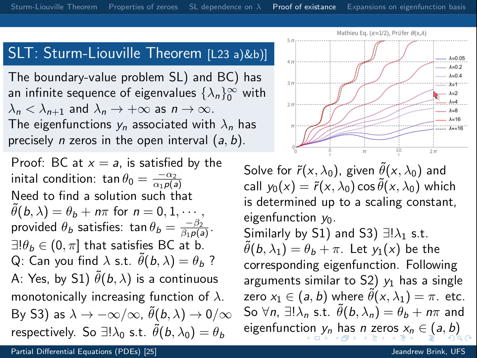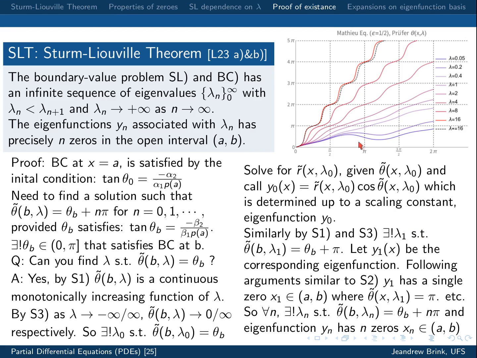That is true now for all the roots. So there's a whole series of functions associated with the eigenvalue problem, the boundary value problem, that you can construct in this fashion, each time increasing the number of zeros that you get from the theta function, and increasing the eigenvalue.